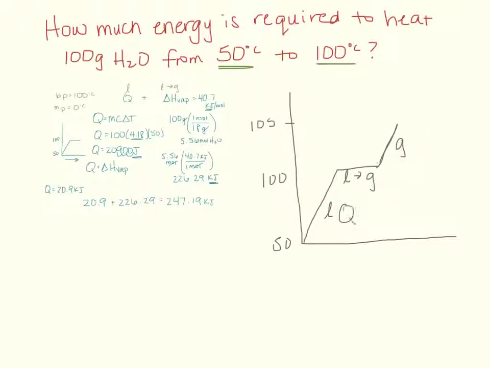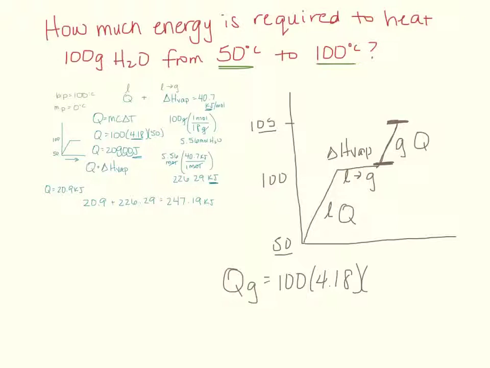So I'm going to have a Q here, and my delta H vap here. For my Q gas phase, this is what you have to be careful of. My mass is going to be the same, so it's still 100 grams of water. My specific heat is the same, 4.18. But my temperature change is going to be from the beginning of my gas phase to my final temperature. So I'm not going to go from 105 all the way down to 50.